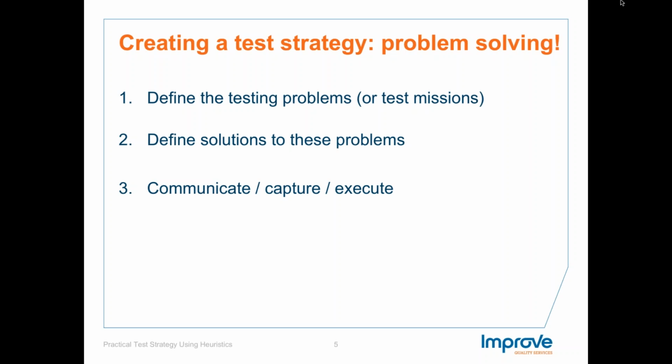And of course, I need to communicate it in some way. Because we're handling a very complex problem and a lot of information, I'm thinking about ways of capturing it as well. And of course, I want to do actual testing. So how is my test strategy going to help me do my testing?